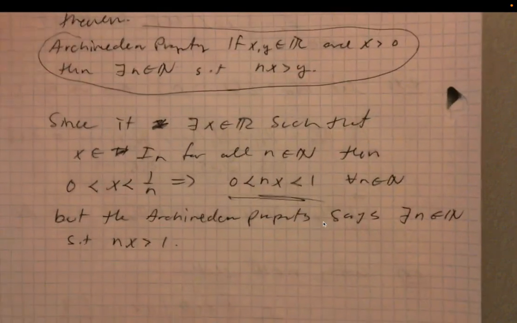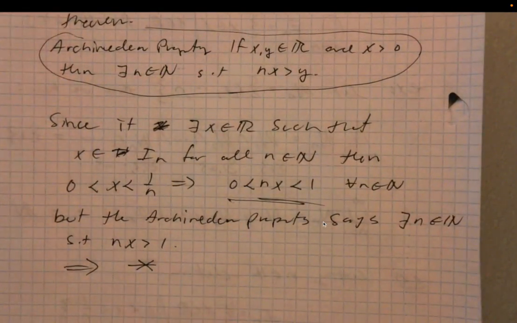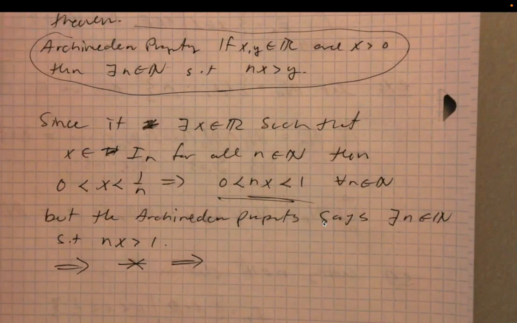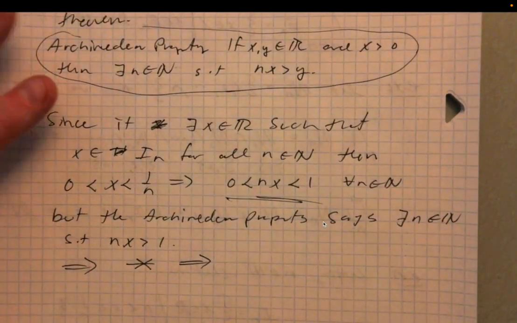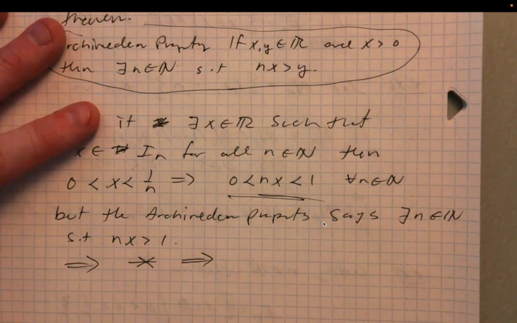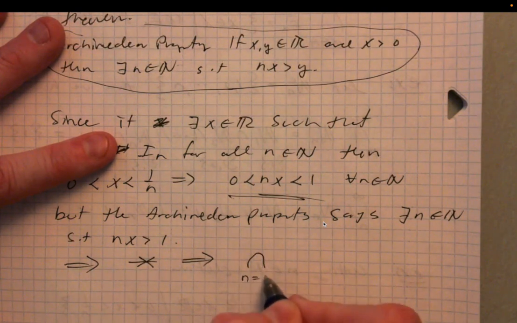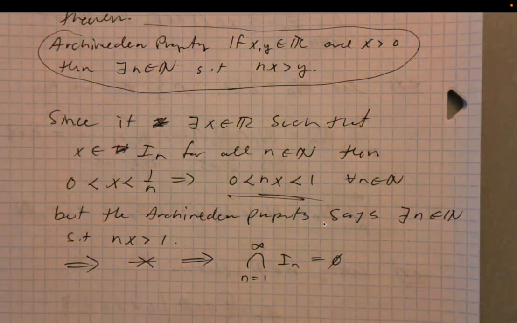So we've got this contradiction. So the intersection must be empty. We have to go back to the assumption that we made that caused the contradiction to arise, that is the idea that the intersection is not empty. So the implication here is that the intersection of I sub n from n equals 1 to infinity is indeed empty.